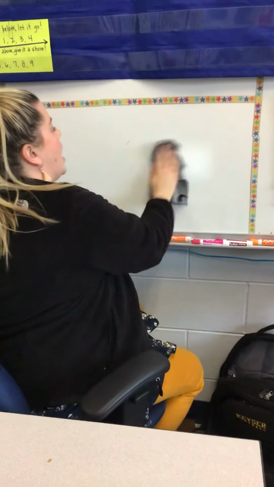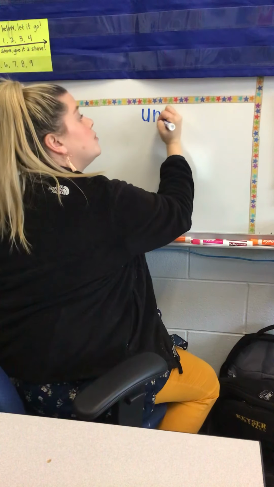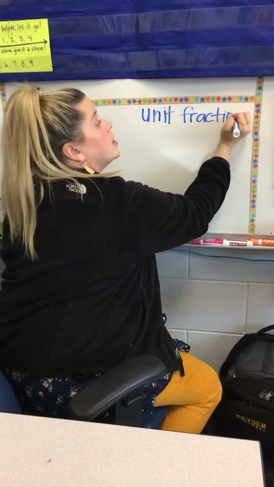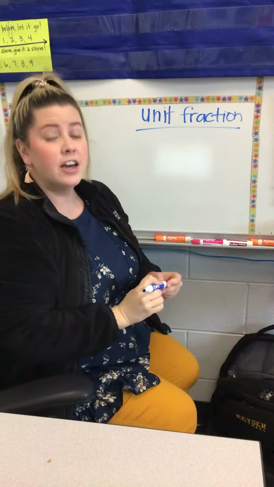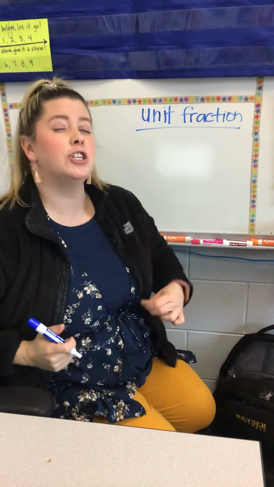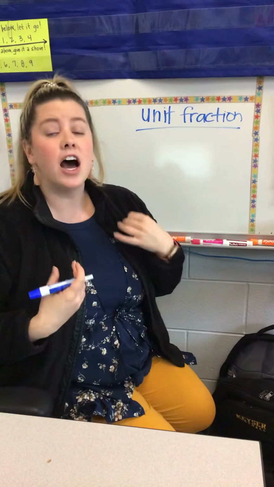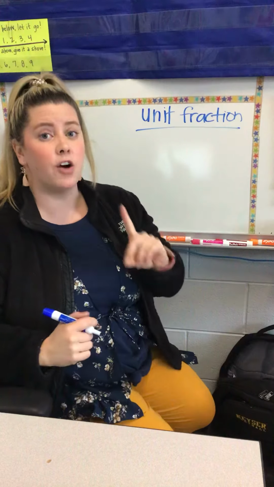Now, I want to talk about unit fractions. Do you remember what a unit fraction is? So a unit fraction is just one part of the whole, okay? A unit fraction is always going to have a numerator of 1.